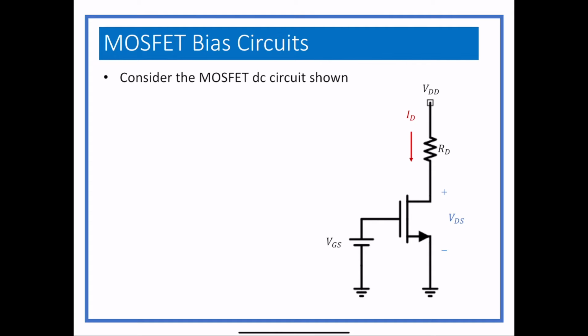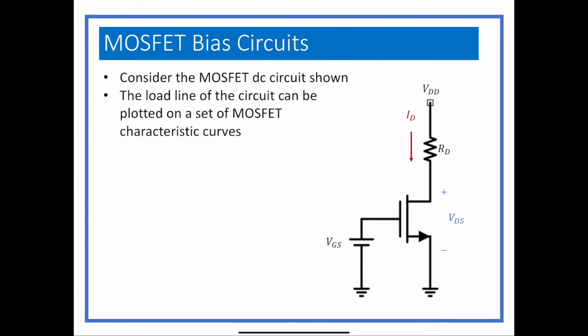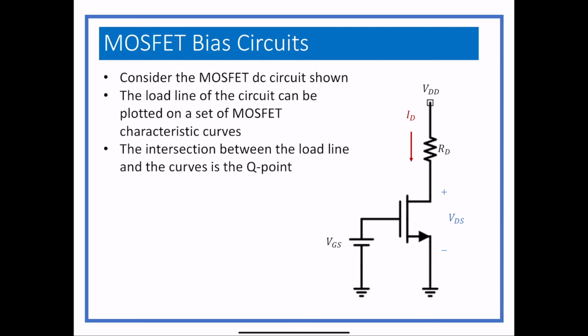If we look at a very, very simple DC circuit, so simple it doesn't even count as a bias circuit and isn't particularly practical, we can still make a load line just like we did with diodes. We can look at the MOSFET curves and plot the load line onto them.